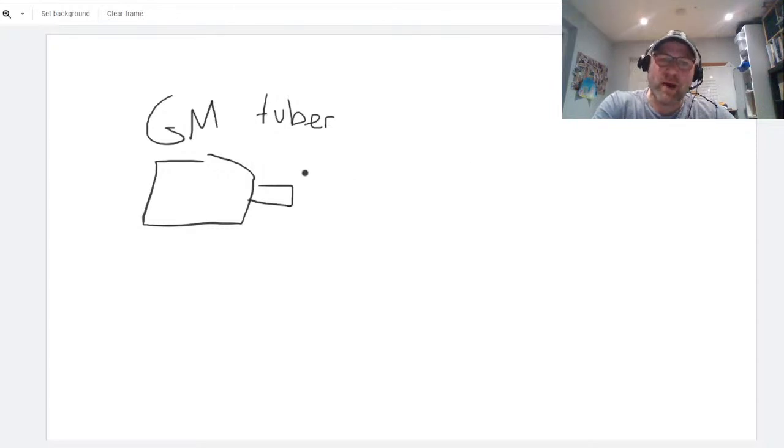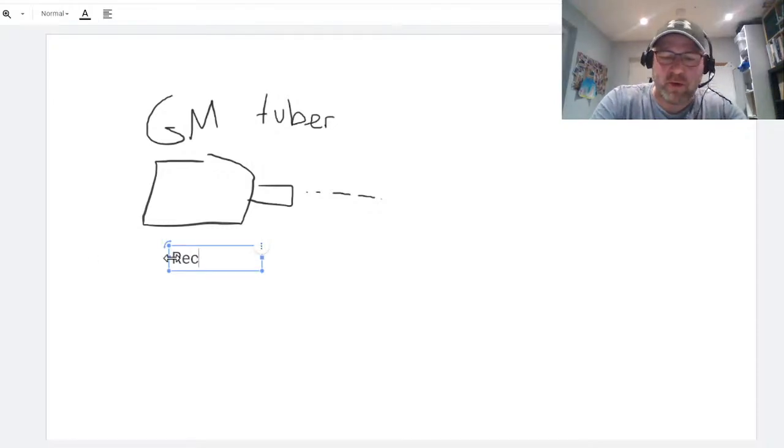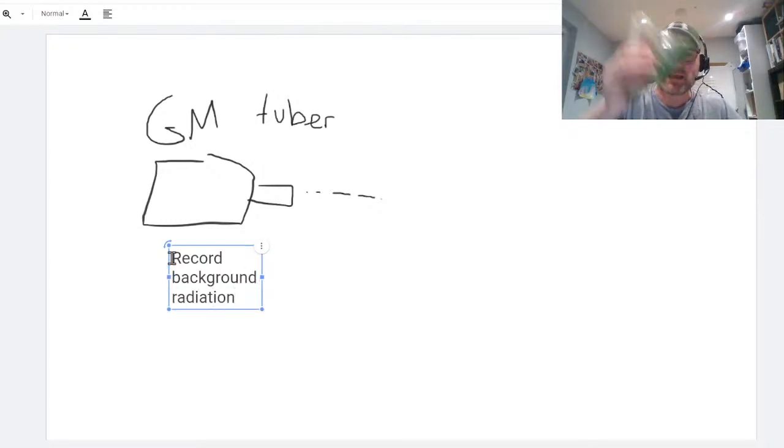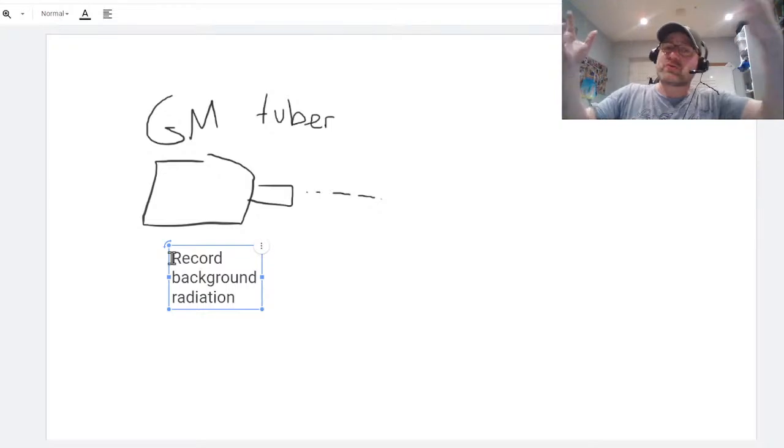So here's my P's. But first of all, I'm going to record background radiation. This is something I didn't mention before when talking about radiation. Don't bring my radioactive P's in the room. You want to record the natural radiation from the sun, from the bricks in the building.